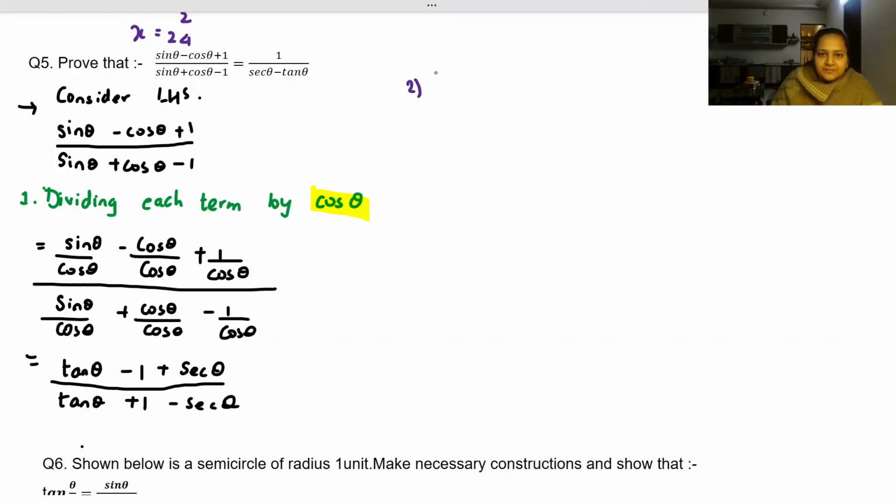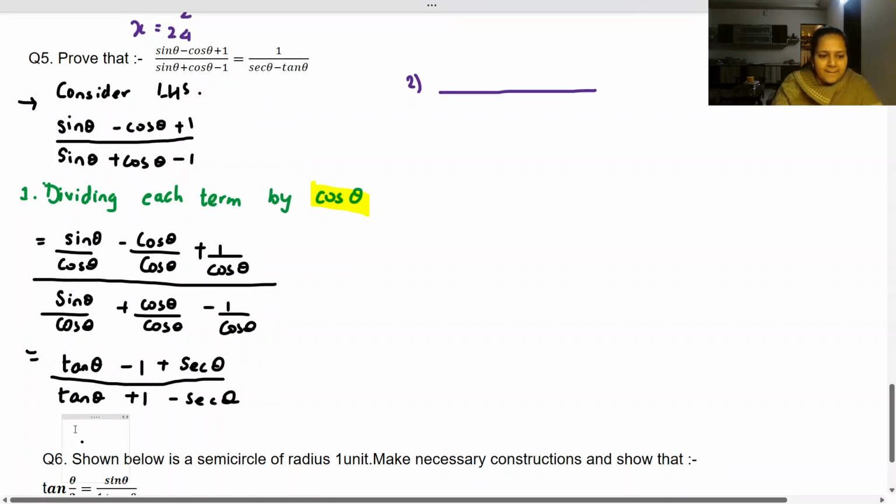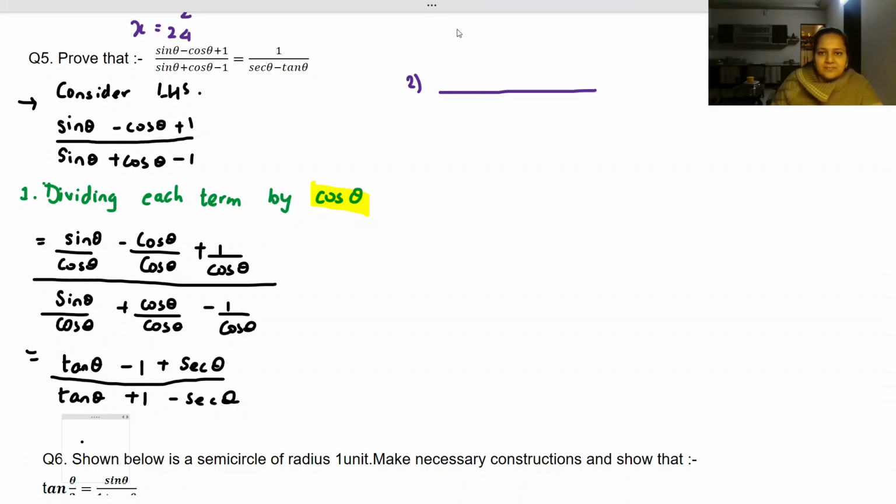So we are going to get tan θ + sec θ − 1 upon tan θ − sec θ + 1, following the same order that is there. So we understood the second step.